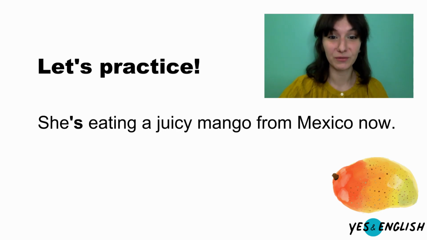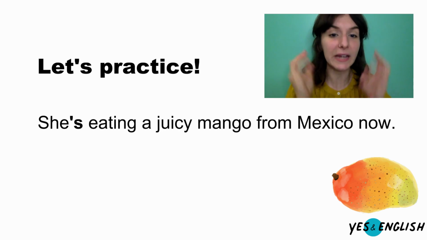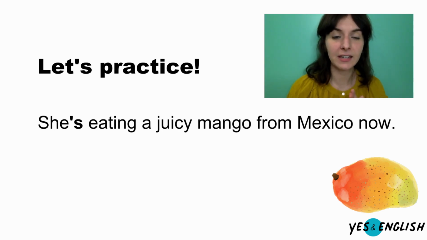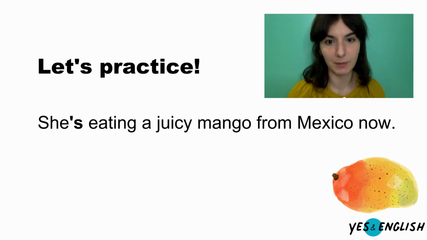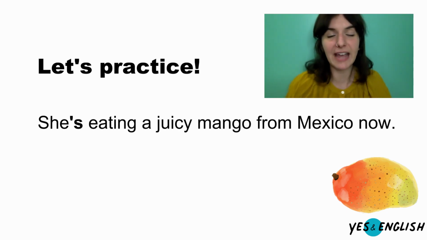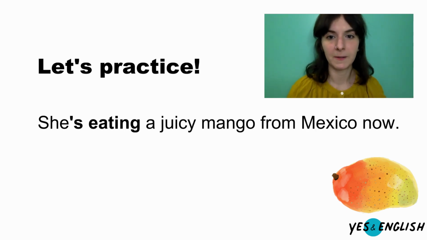It's is. Very good, because she's is a contraction of she and is. It's mixing those 2 together. So is in there, is eating. In this case, is doesn't make sense by itself. It needs a little bit of help. So we have to add a main verb, which is eating. Okay, then it makes sense.